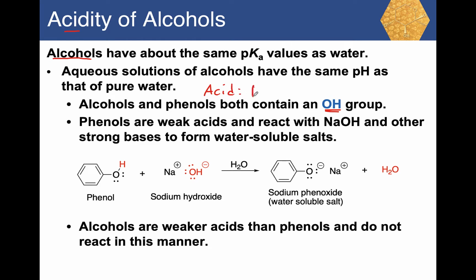Remember, a proton is H plus. So an acid, based on this definition, must have a hydrogen. And if it gives up that hydrogen in the form of H plus without its electron, it's an acid.